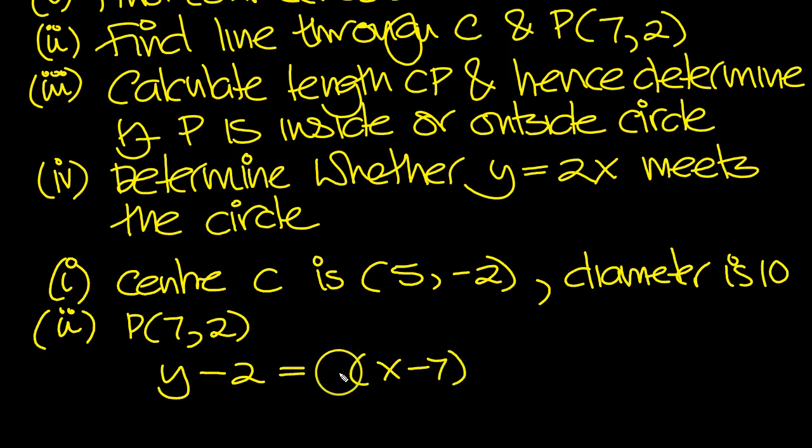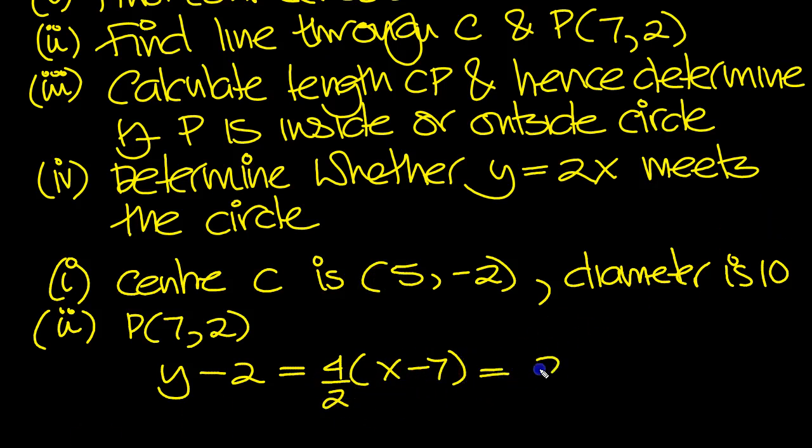Now the gradient here is the increase in y from P to C or C to P. The increase in y goes from here to here: 2 minus −2 is 4. So that's the increase in y, which is 4, divided by the increase in x, which is 7 minus 5, which is 2.